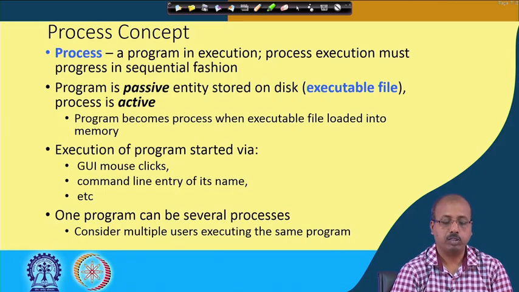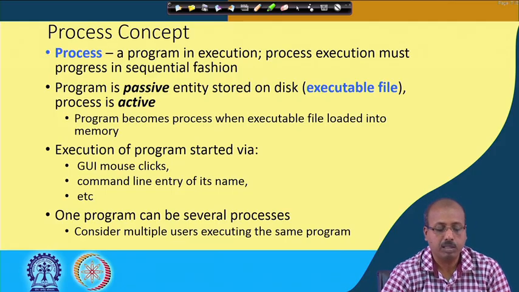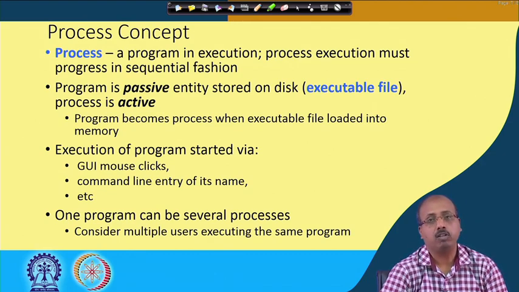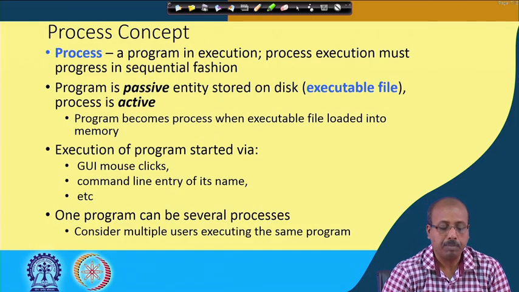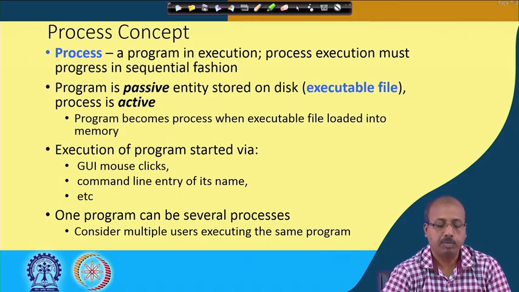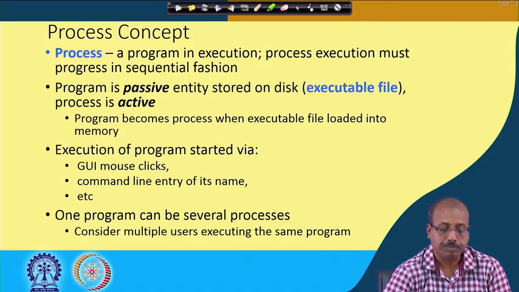This is another possibility, and there are certain programs that are automatically loaded by the system and executed, particularly the operating system processes. That is also execution of some program, inherently done by the operating system.